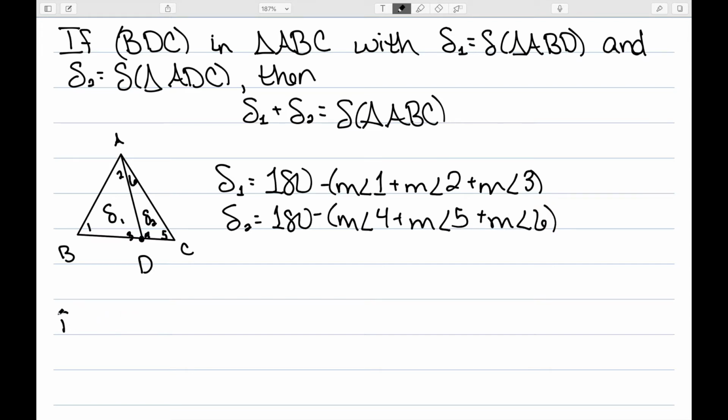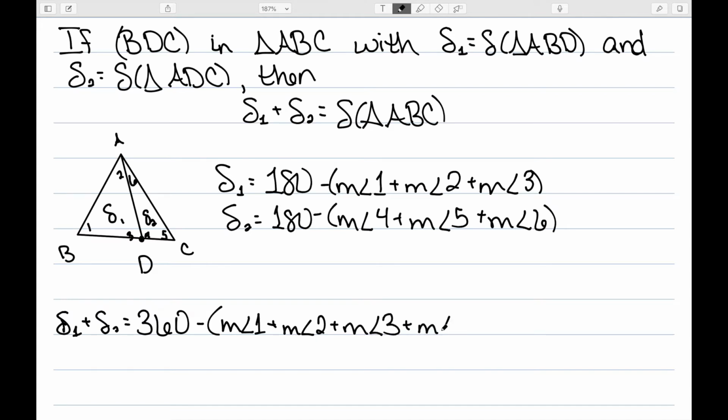And then when I add these two up, delta 1 plus delta 2, 180 plus 180 is 360 minus angle 1 plus angle 2 plus angle 3 plus angle 4 plus angle 5 plus angle 6.